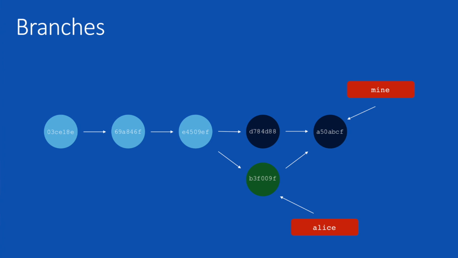So if we extend this repository we've been looking at, when I merged Alice's changes, which were on her branch, into mine, they moved into my branch. To see just how lightweight they really are, here in my .git folder, next to the objects directory, which is where all our objects are stored, is a directory called refs.